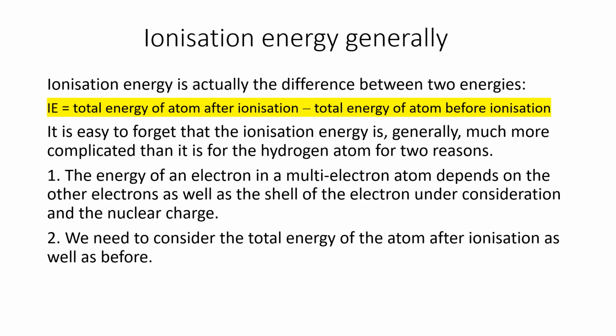And because they experience different shielding, they experience a different effective nuclear charge, and that means they're at a different energy. So these electrons all affect each other in their energies, and that's why we need to take all the electrons into account and then look at the difference between these totals when we work out the ionisation energy.